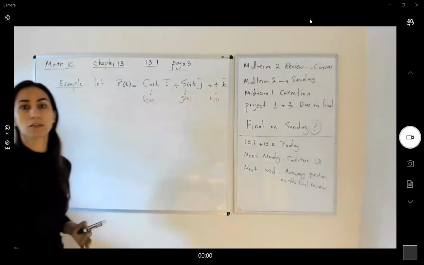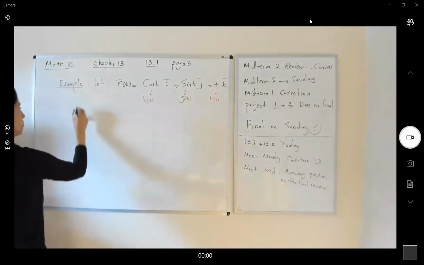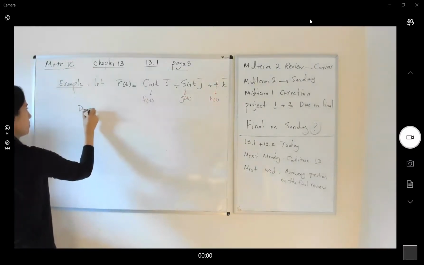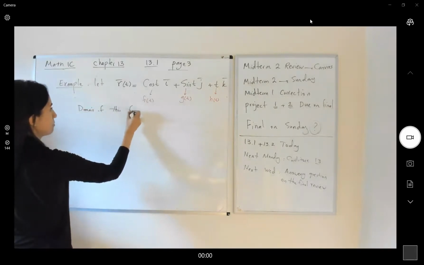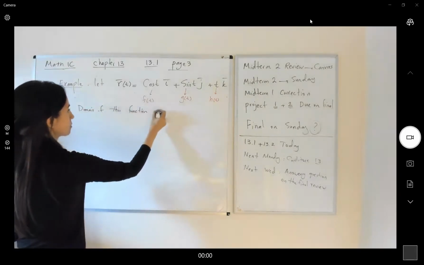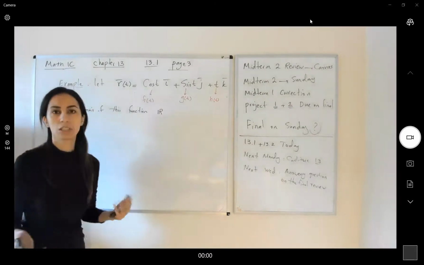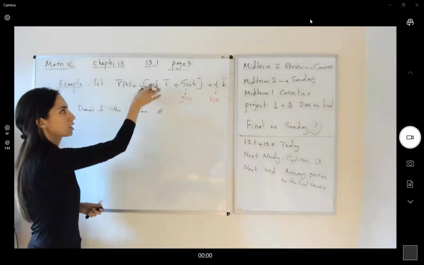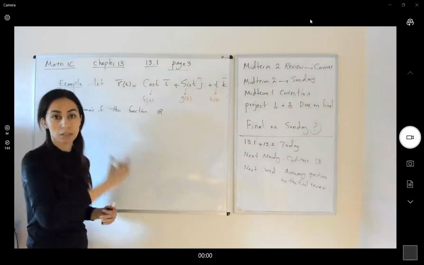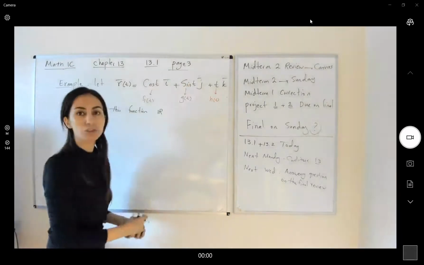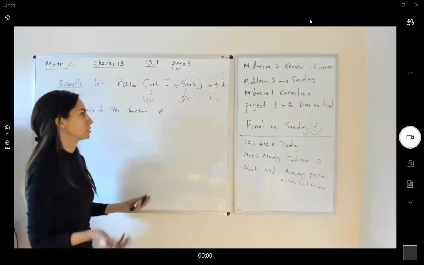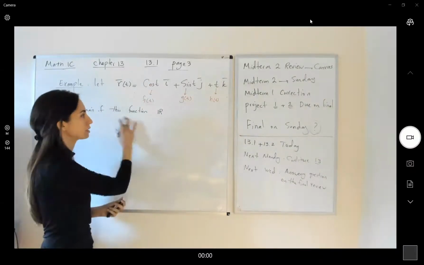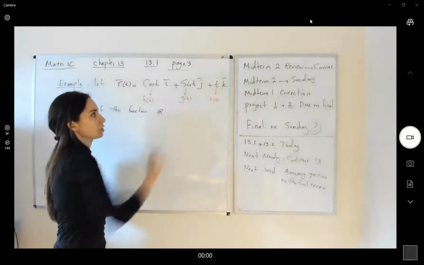So as you can see, the domain of this function is R. t can be any real number. Cosine is continuous everywhere, it's a nice function. Sine is continuous everywhere, it's a nice function. And t is also a polynomial, so it is continuous everywhere, and the domain is the intersection of the domains of all of these.